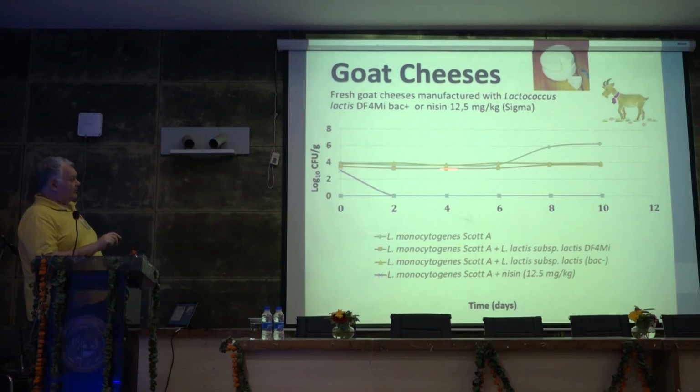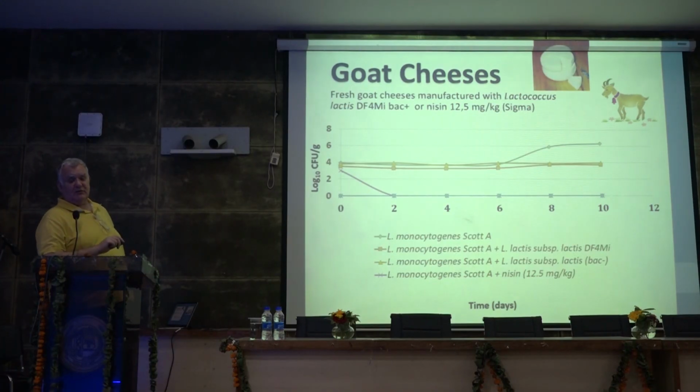Now you can say, but we still have 4 logs. The point is, we made this experiment at a very high level of contamination to observe better. When we repeated the experiment with a 1 log contamination, which is a more realistic contamination that you can have in the industry, 1 or 2 logs, we were not detecting Listeria in the presence of either the bacteriocin-producing Lactococcus lactis or the Lactococcus lactis that is not producing bacteriocin.